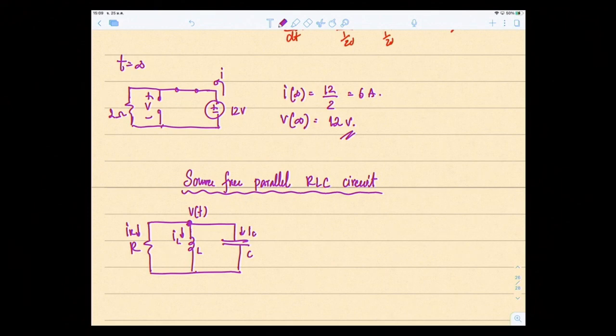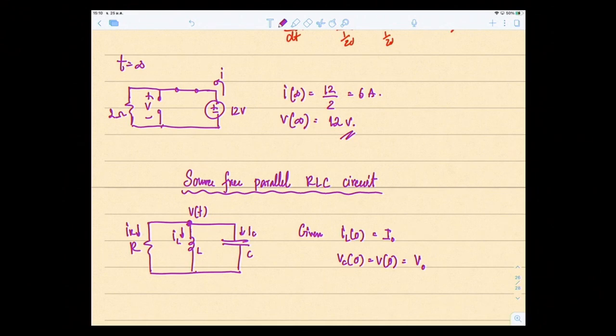And we will assume that there is energy stored in the capacitor and inductor. So there would be IL at 0 equal to some value I0, and V across the capacitor, which in this case is also V, has some initial value.